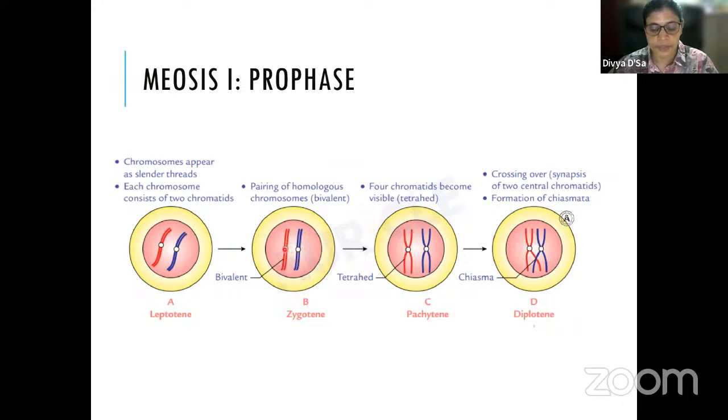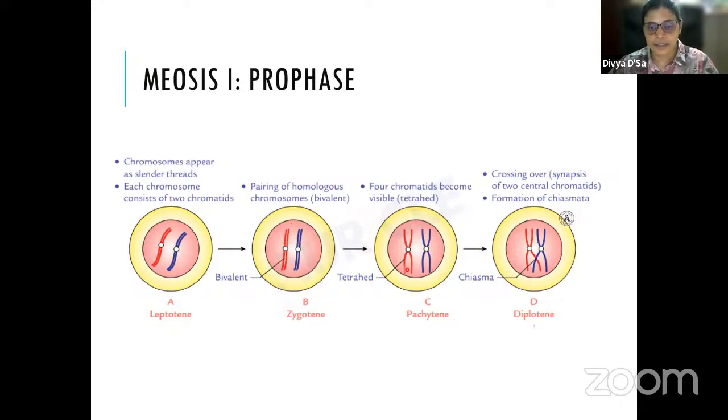One of the 2 homologous chromosomes is from the paternal side, the paternal chromosome, and the other is the maternal chromosome. This event is called synapsis, and each synaptic pair is called a bivalent.